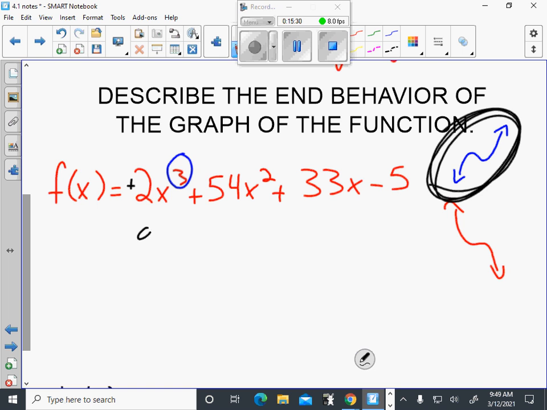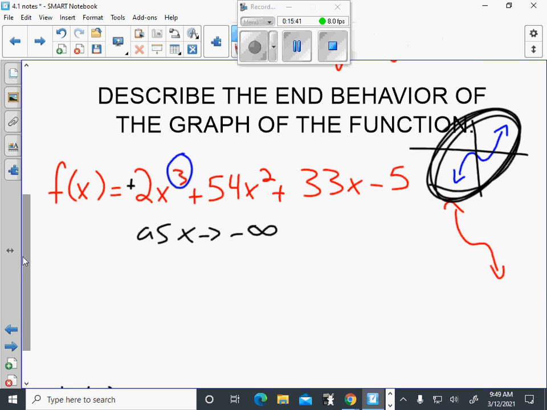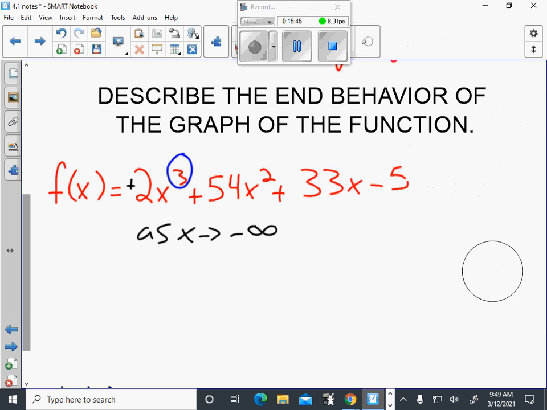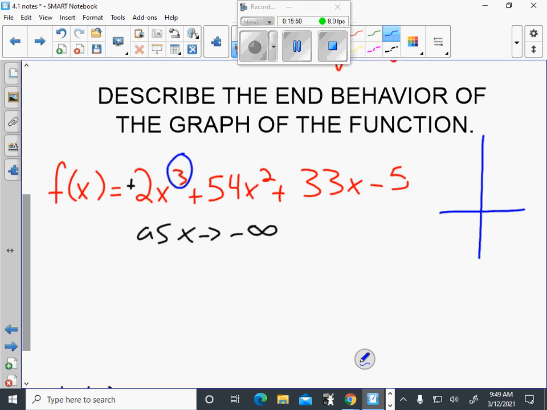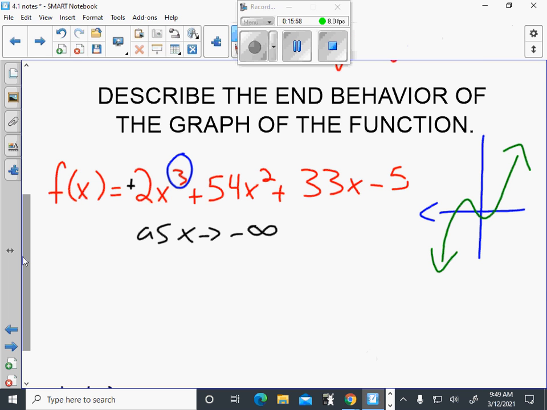And as x approaches negative infinity, okay, so we have our graph here. X is going to negative infinity. We have our line in green. Where is our line going? It's going to negative infinity.